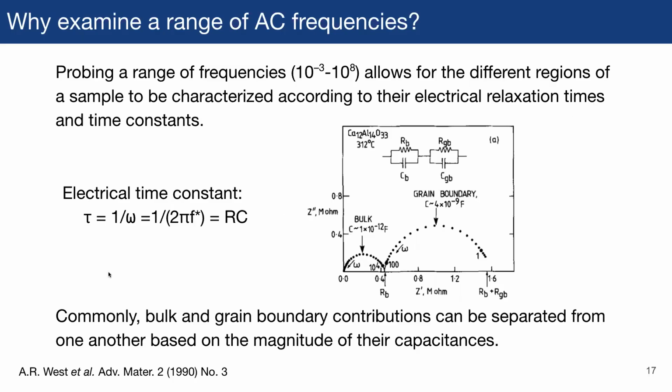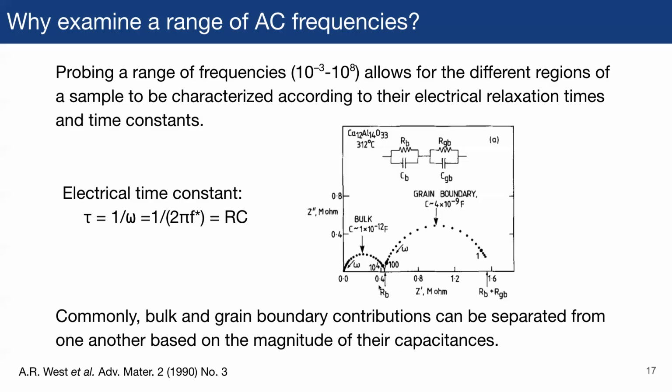Now, again, as we said, our tau is a function of our F star, which represented our characteristic frequency, the top of the semicircle that we developed from having a capacitor in parallel with a resistor. And what we can see is that in this plot here of an impedance spectra for calcium aluminum oxide, we see that we end up with two semicircles.